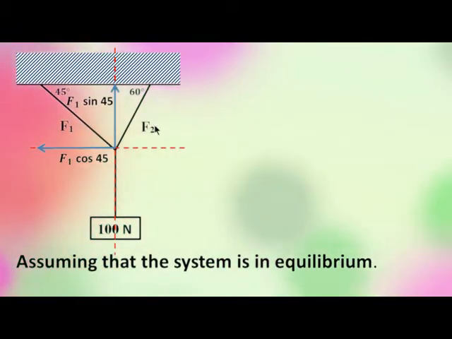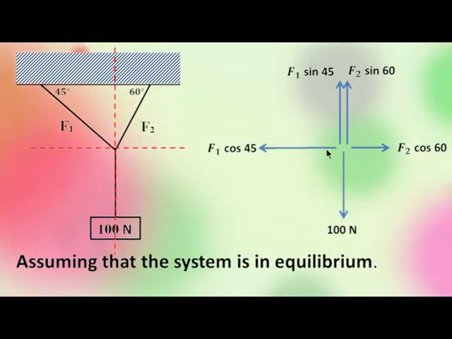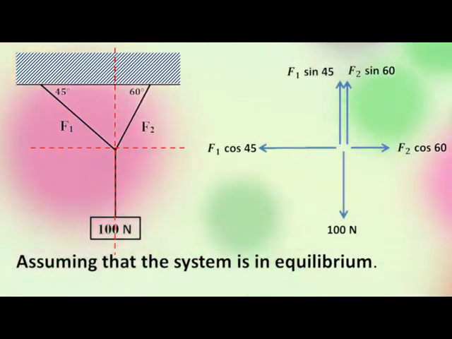If we collect all the forces that act in this system, it will be this. An equilibrium system means not moving. In other words, all the forces acting in this system equal 0.